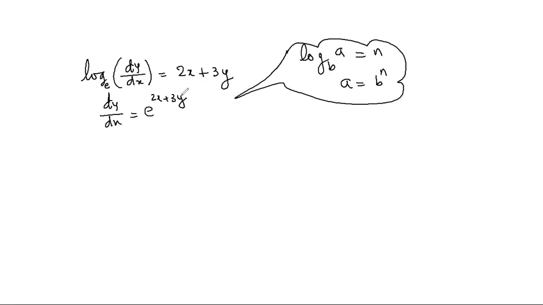Now tell me how I'll bring all x terms with the dx and y terms with the dy. e raised to 2x plus 3y. a raised to m plus n is nothing but a raised to m into a raised to n. Therefore, dy by dx is equal to e raised to 2x into e raised to 3y.